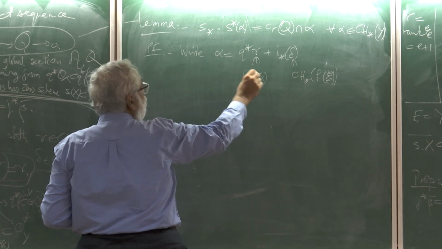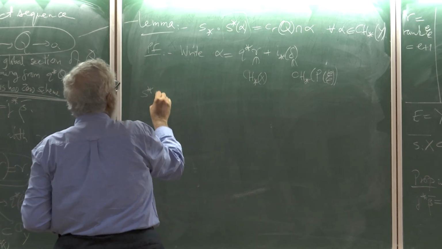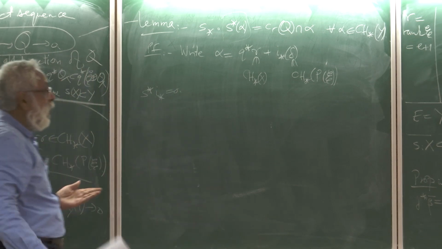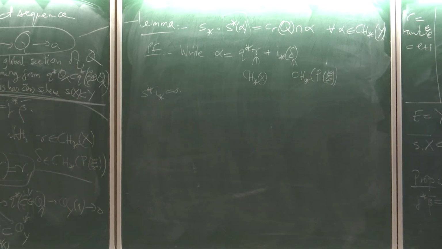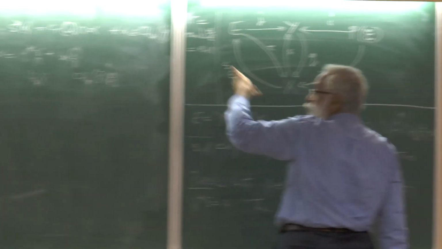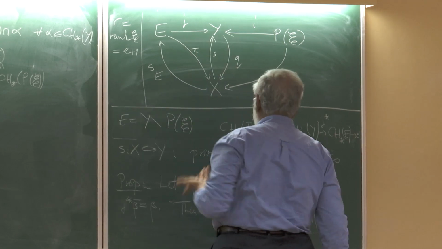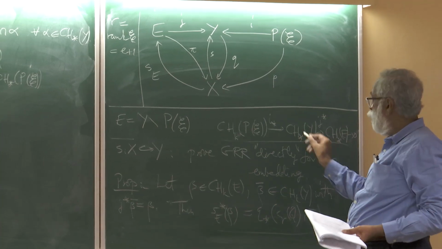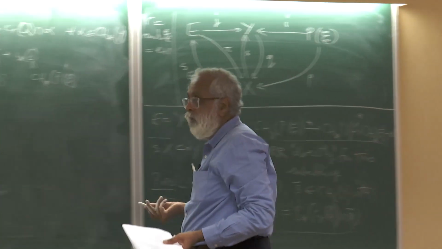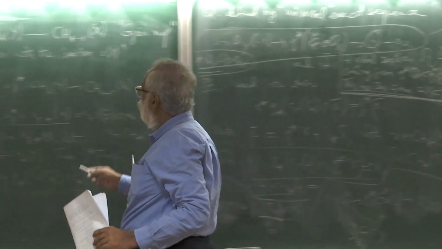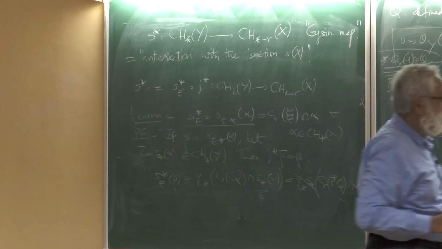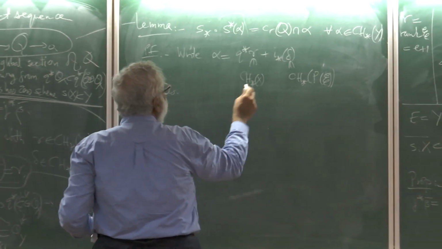So of course this is linear, and I claim S upper star of I lower star is equal to 0 for obvious reasons. If I have any class here and I push it forward, S upper star is obtained by first restricting to E and then doing something, but already restricting to E gives me 0. It's part of this complex here. If I take a class here and go here, and then restrict to the open set, of course this is a complement, so of course the composition is 0. So the first operation already made the element 0, therefore S upper star makes it 0. So this term is fine.